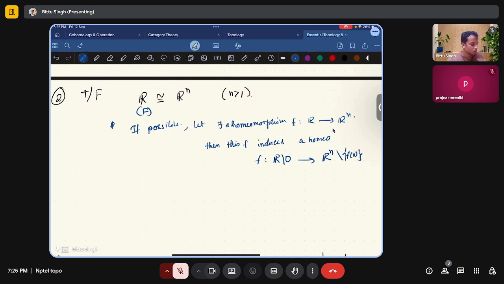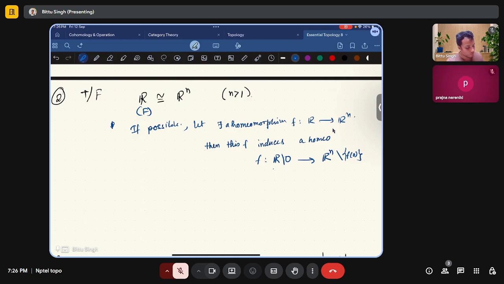So I am just removing a point. This restriction should not be called F, but this is just abuse of notation, so I am denoting it by F. So this is again a homeomorphism.